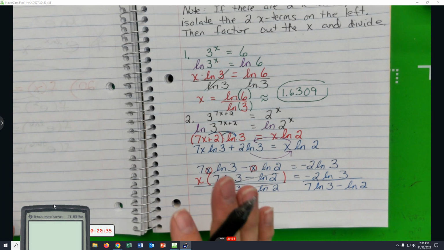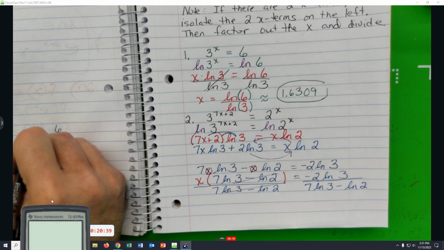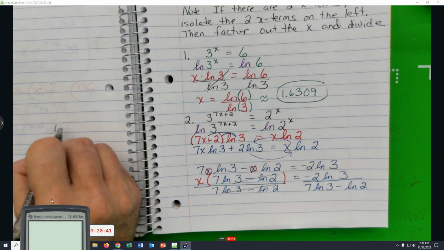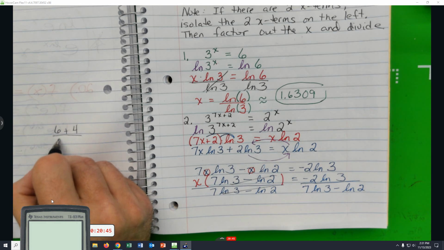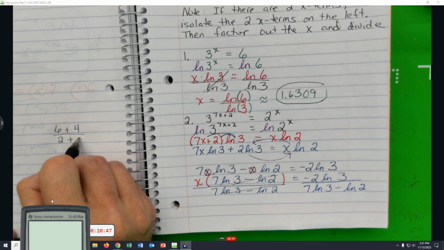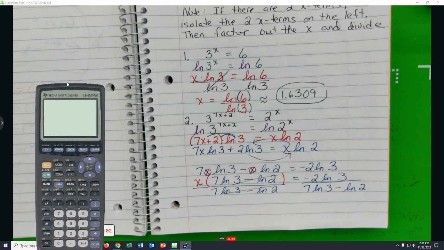Without a calculator, how about this? 6 plus 4 divided by 2 plus 8. Y'all can do that in your head. What would the answer be? 1. 6 plus 4 is 10. 2 plus 8 is 10. 10 over 10 is 1.